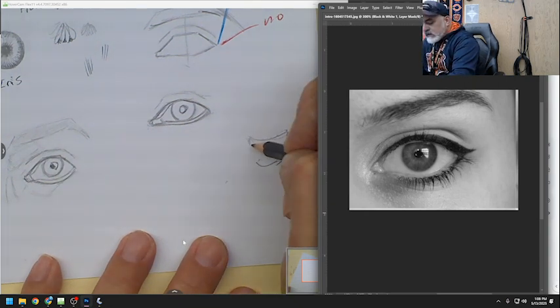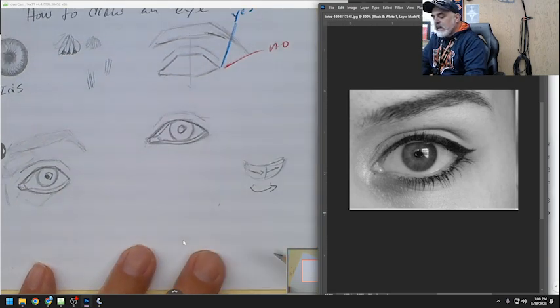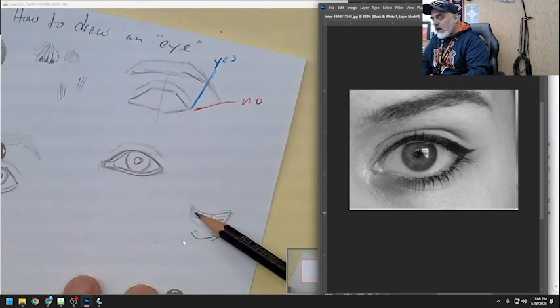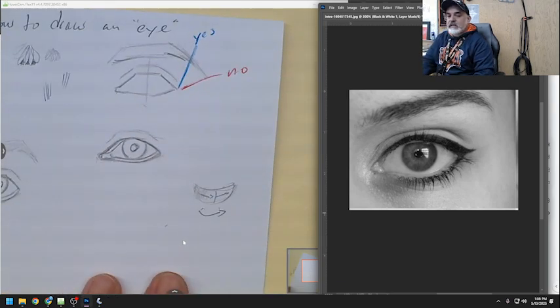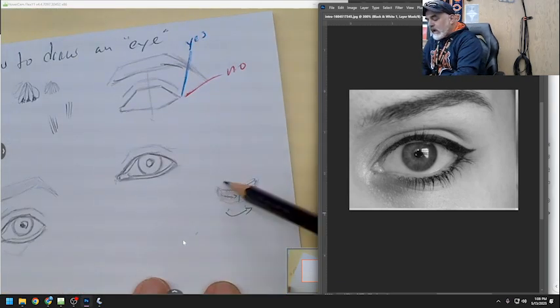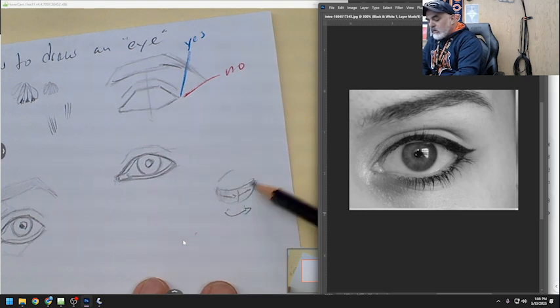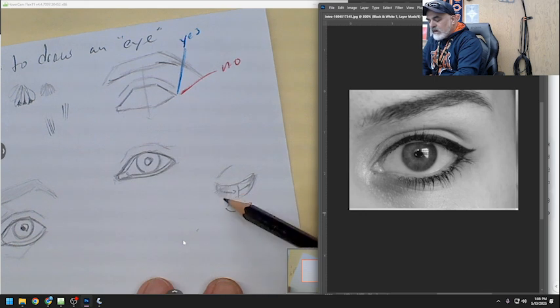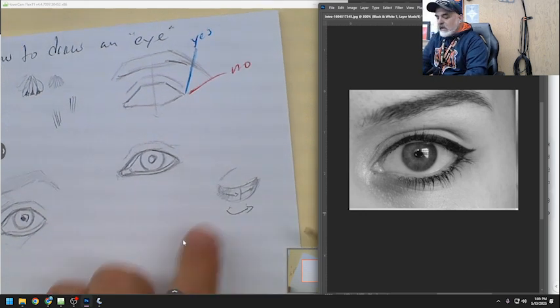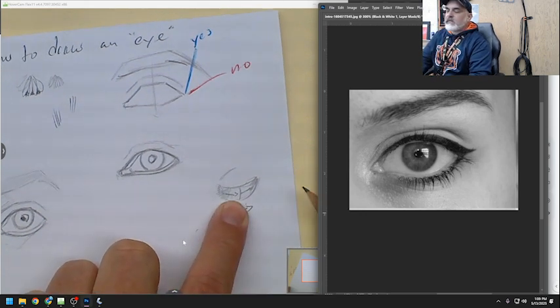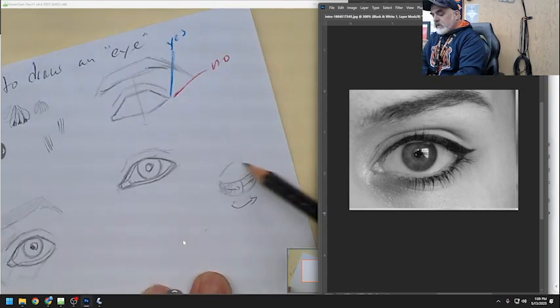So that means that it has to go this way, and you have a curve here. So if light's coming down, you're generally always going to have a shadow on that side. So when we're drawing eyes, we will draw a shadow here, and we will draw a shadow here, and your highlight is the part of the eyelid, the lower eyelid, that sticks out the farthest. Okay?